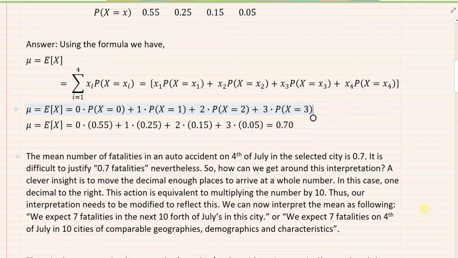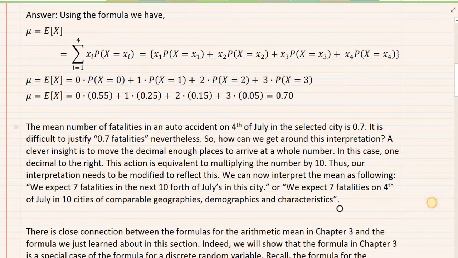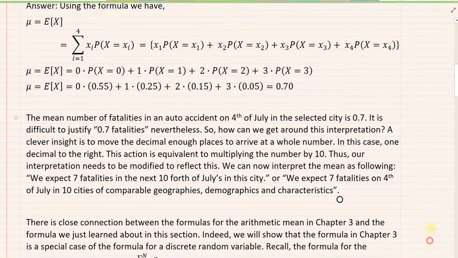So if I'm looking at San Diego, I have to find a city that's like San Diego. Or if I'm finding this for a particular zip code even, then I have to find places that are very comparable to this. So that's how you can get around the interpretation of the decimal.